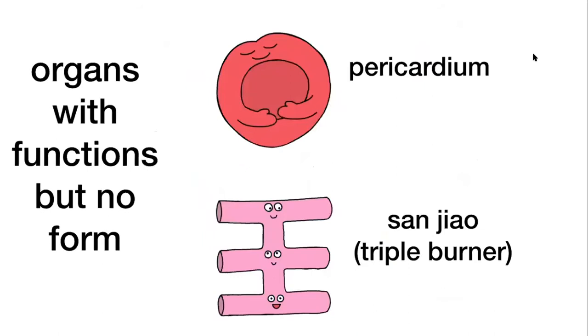So this is the triple burner, an organ with function but no form. It's a pipeline that carries things all around the body, and also carries chi from the source to all the 12 meridians.